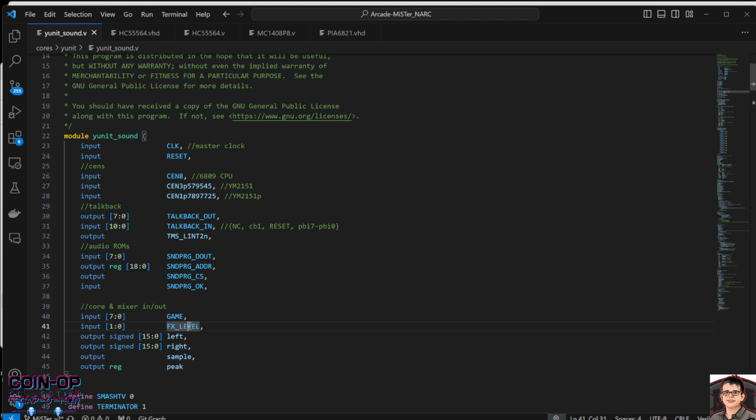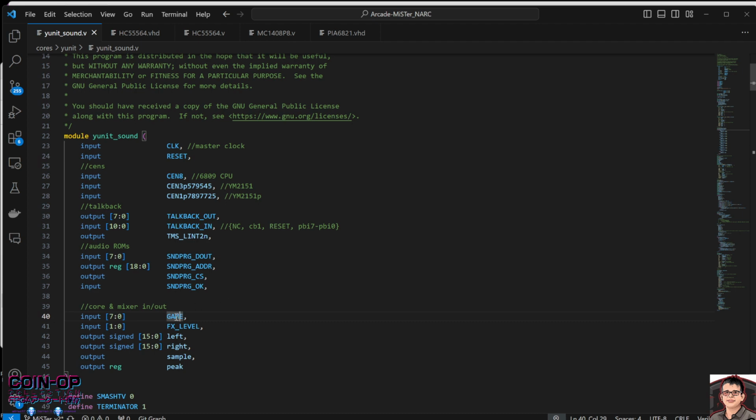And game is something that I always propagate to different modules, because when we're creating a multi-game core, we have to have a way of distinguishing which game we are configuring the hardware to play. There might be different logic or different things that happen depending on what game you're playing in a multi-game core, right?